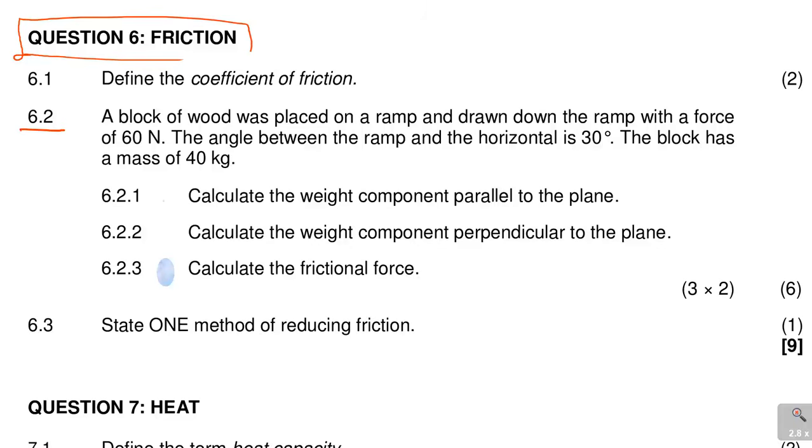So this question is actually similar to the previous question. I need to sketch this graph to have an idea what I'm talking about. So let us look at it. It says a block of wood was placed on a ramp and drawn down, meaning you are pulling it down. To draw it down means there is a force going down with a force of 60 newtons. So let us draw that.